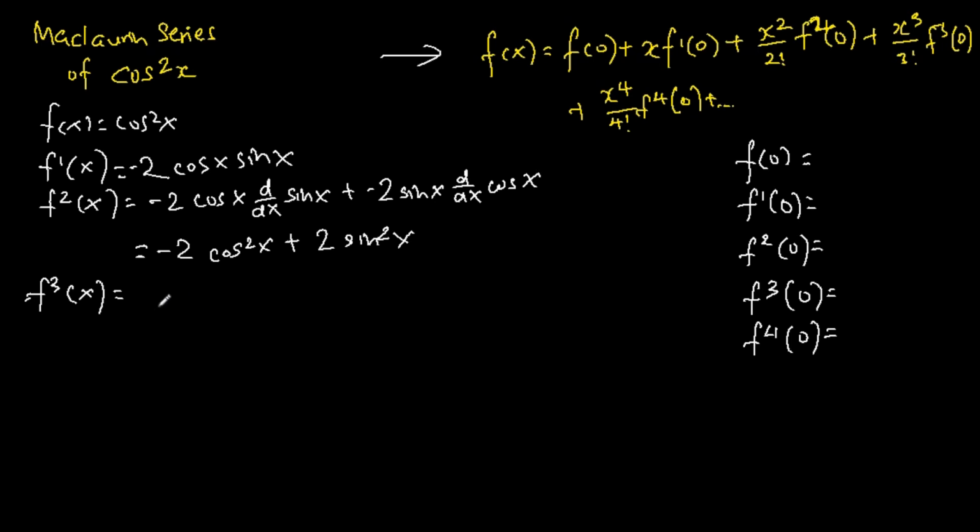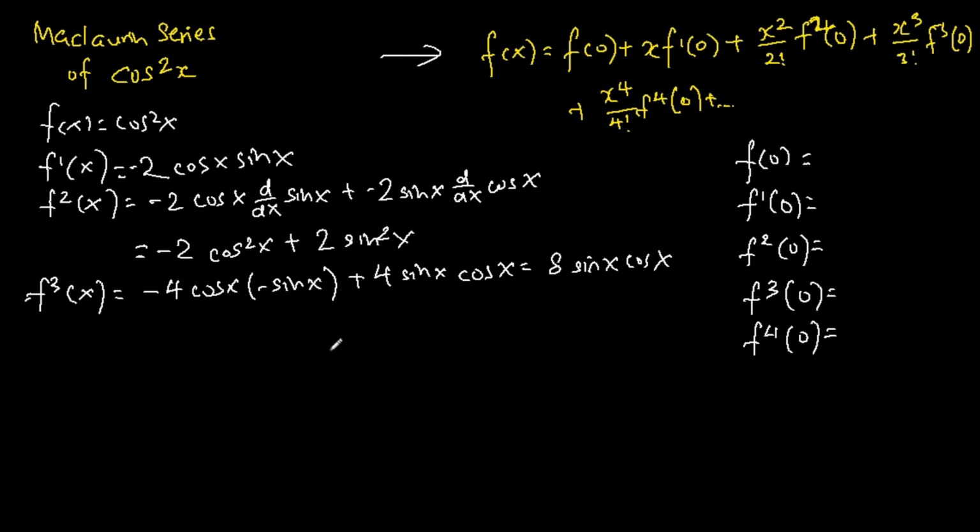The first term would be negative 4 cosine x, differentiating the trigonometric cosine x, we will get negative sine x, plus 4 sine x, differentiating the trigonometric sine x, we get cosine x. So the two terms are actually exactly the same. Summing up, we will get 8 sine x cosine x.